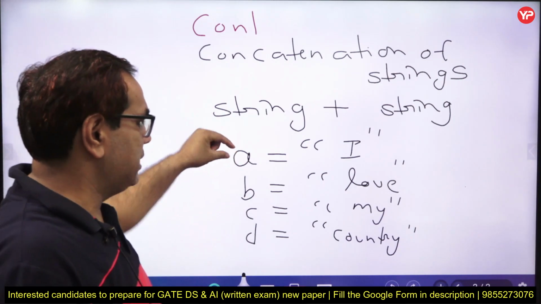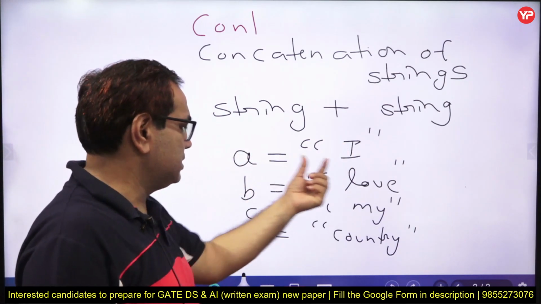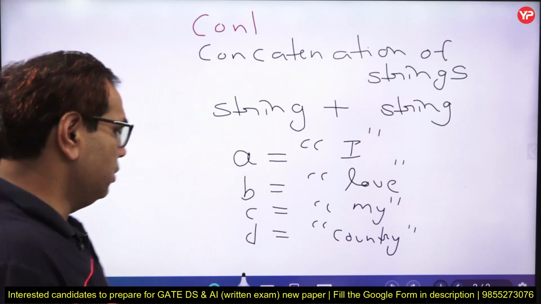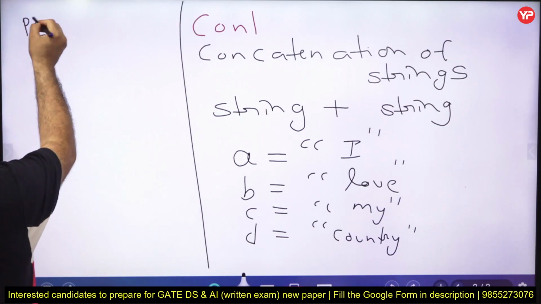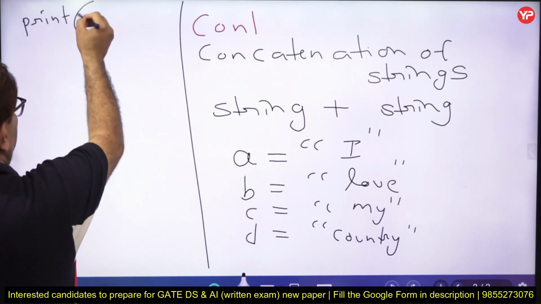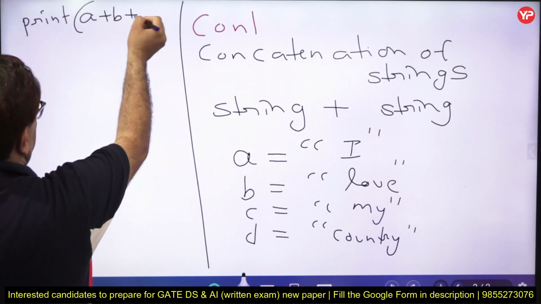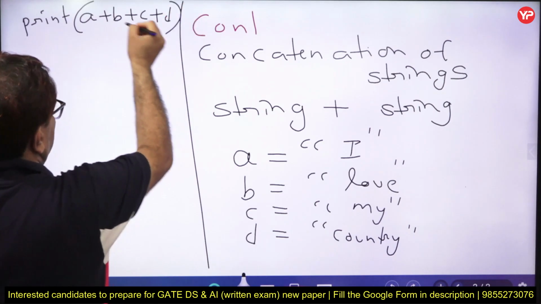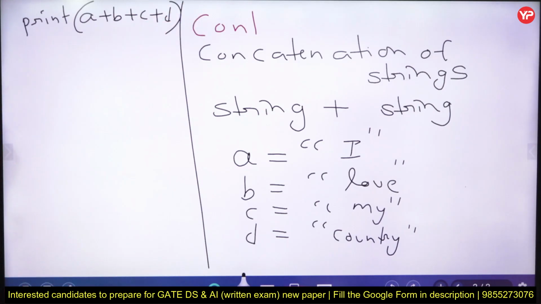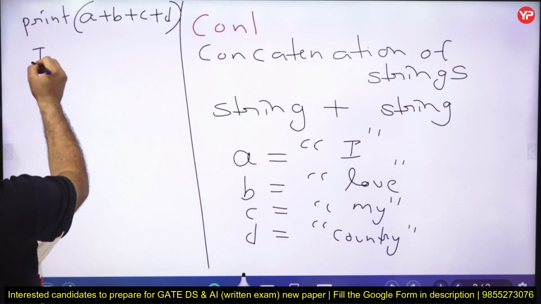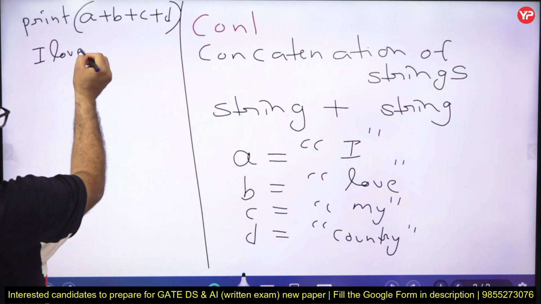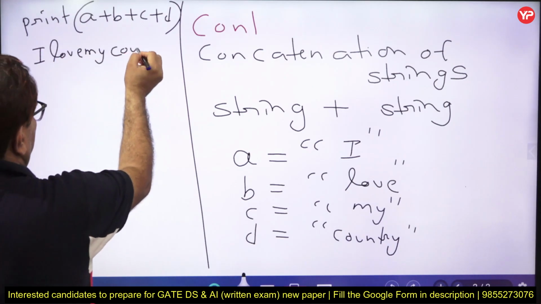Now if we want to print, print a plus b plus c plus d. Here we are using the plus operator between the strings. On running this code, you will get I, then LOVE, my, country.